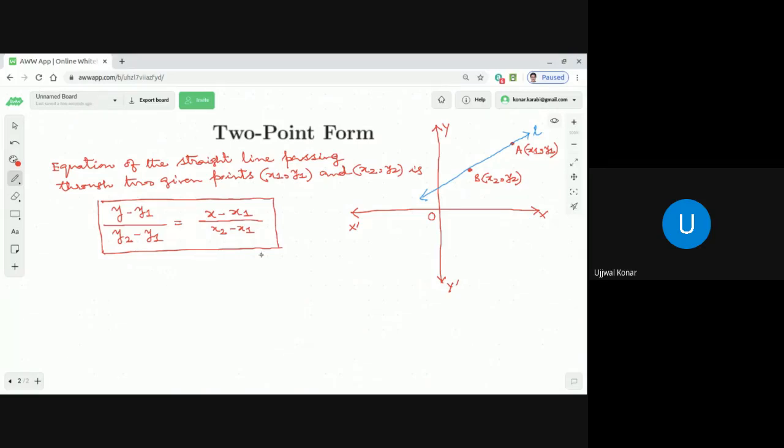That means if you divide by y2 minus y1 on the left hand side, the right hand side should also be x2 minus x1. It should not be that on the left hand side it is y2 minus y1, but on the right hand side it is x1 minus x2. That will not work. So this is the equation of a straight line passing through two given points.